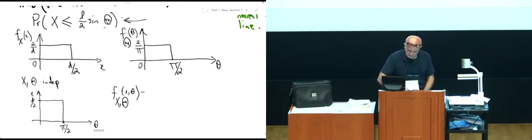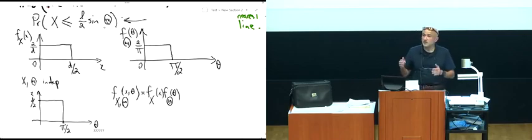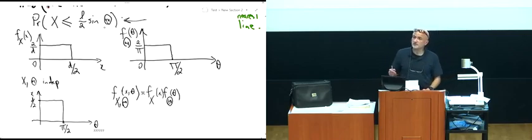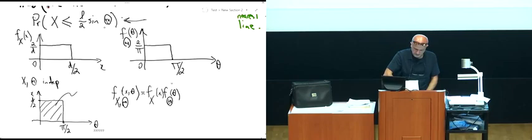And they're independent. So can't I write this? Yes. So if you multiply two uniforms, what do you get? I don't know. Well, it's this height times this height.